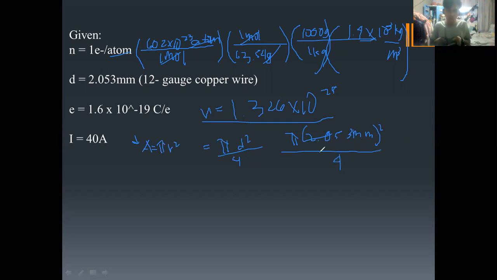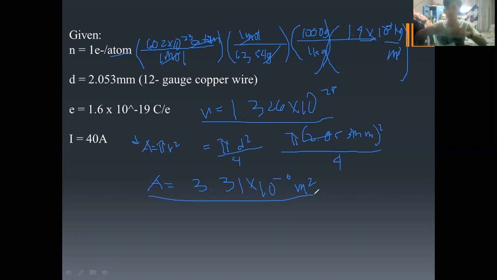Ang sagot natin sa area is 3.31 times 10 raised to negative 6 square meter. So, yan. Kumpleto na yung ano natin.